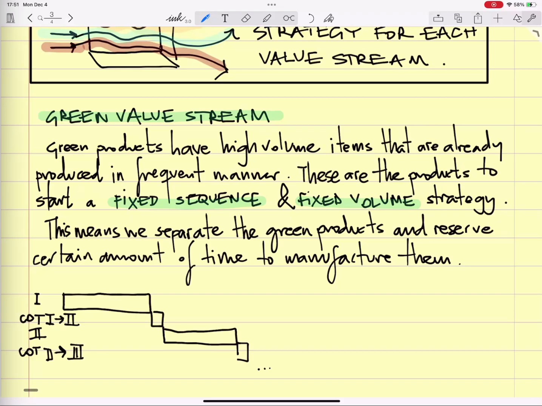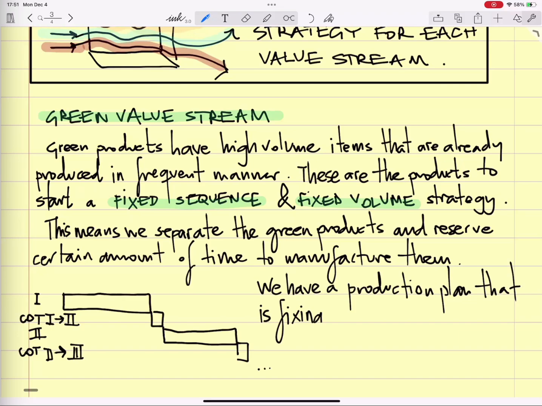So we have a production plan that is fixing a sequence and fixing a volume.